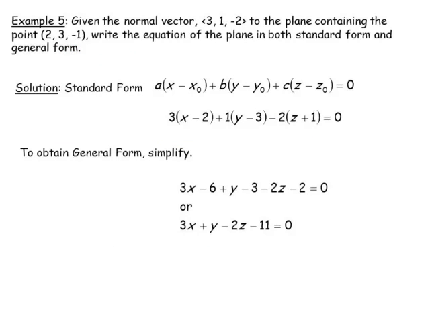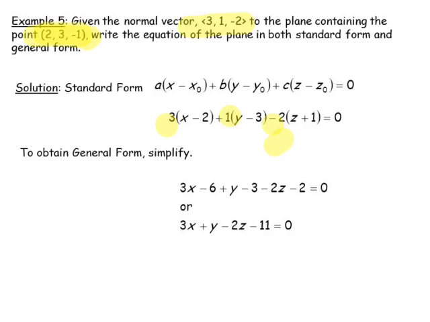So here's an example. We are given the normal vector 3, 1, negative 2 to our plane containing the point 2, 3, negative 1. So to write this in standard form, our a, b, c is going to come from our vector. So you see our 3, 1, and -2. And then we'll multiply those by the quantity of x, y, and z minus whatever corresponds in our point. So we have 3 times the quantity x minus 2 plus 1 times the quantity y minus 3.